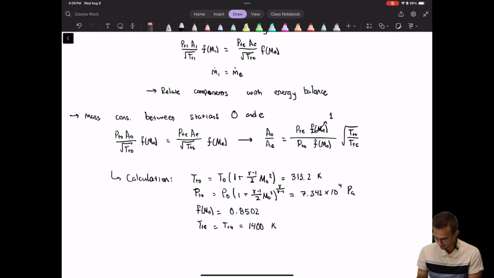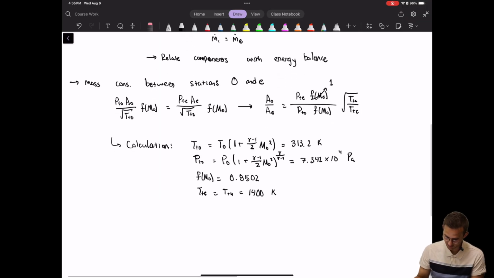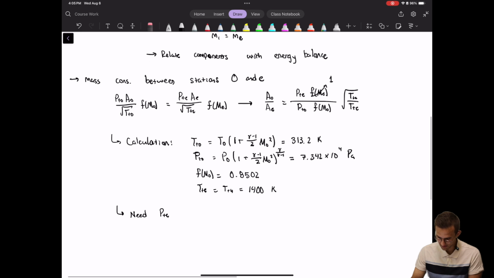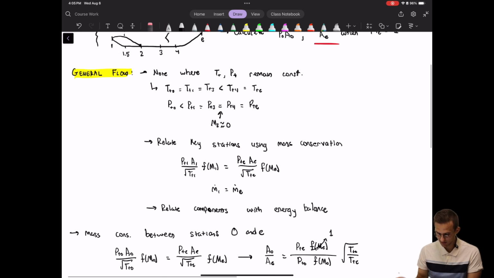Okay, so we have almost every value here. We just need to figure out PTE. So we need PTE, and that is where we look up here. We have that assumption that pi b is approximately 1, right? So PT3 and PT4 are the same.